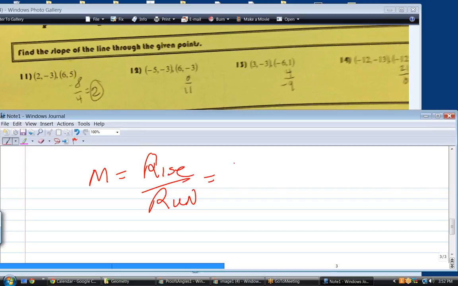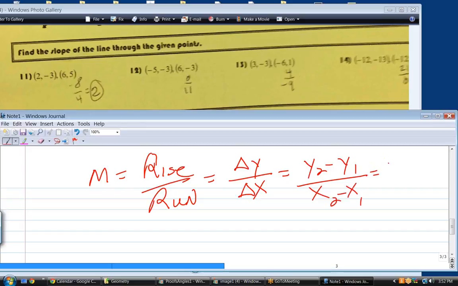Now you know that that means the change in the y's divided by the change in the x's, and that means y sub 2 minus y sub 1 all over x sub 2 minus x sub 1. And you can even switch that if you switch both top and bottom.